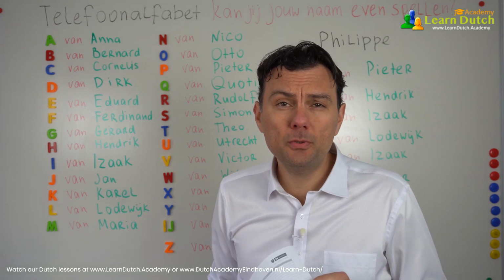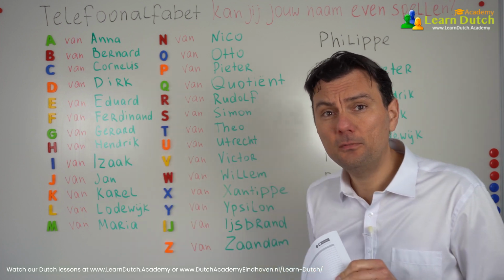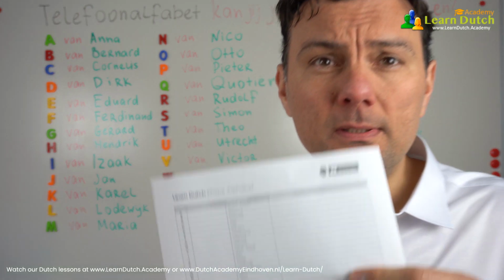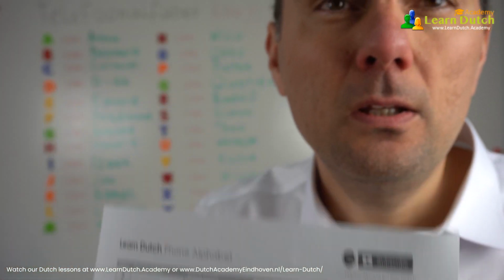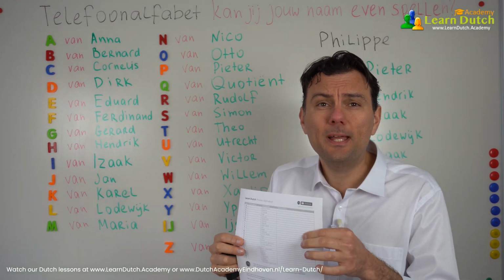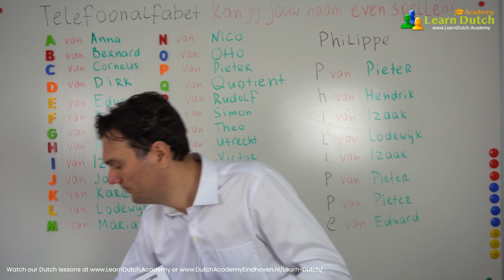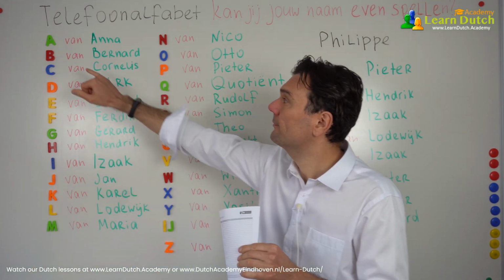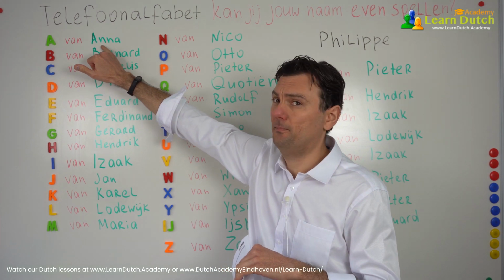Now I'm going to read the Dutch names, and I want you to write them down in this column. Use your native language and write them down like you hear them. Let's start. A van Anna.